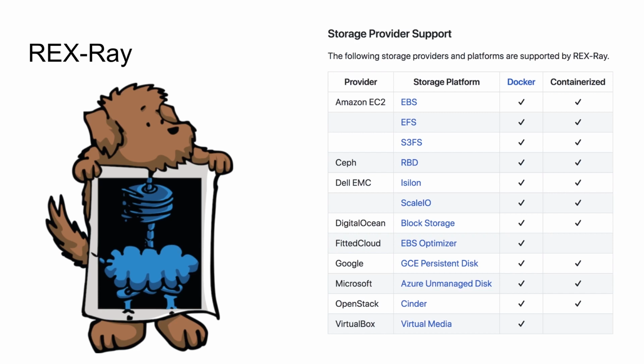Now, one of the open source projects that was released is RexRay, and it supports creating EBS volumes. It supports creating EFS volumes, S3 fuse file systems, user space file systems. What does this mean? It means that when you create a container, an EBS volume will be created in Amazon, connected to the host, and connected to the container.